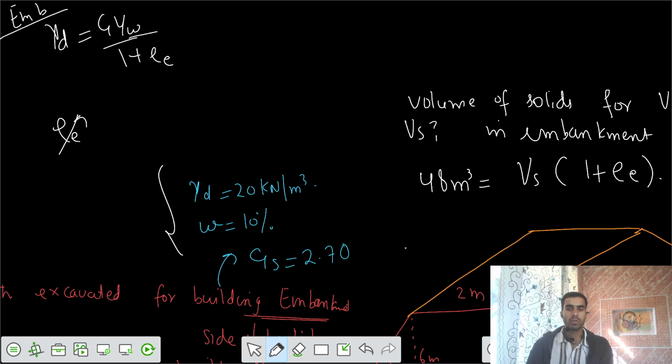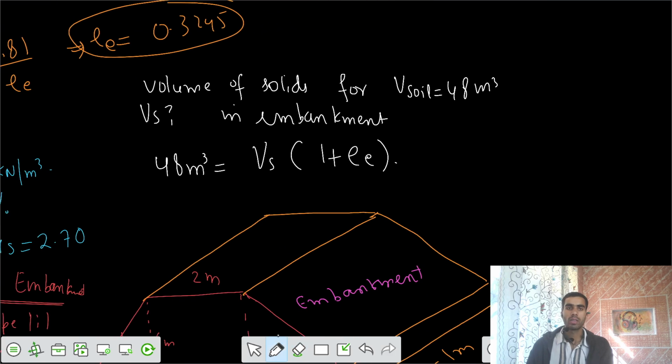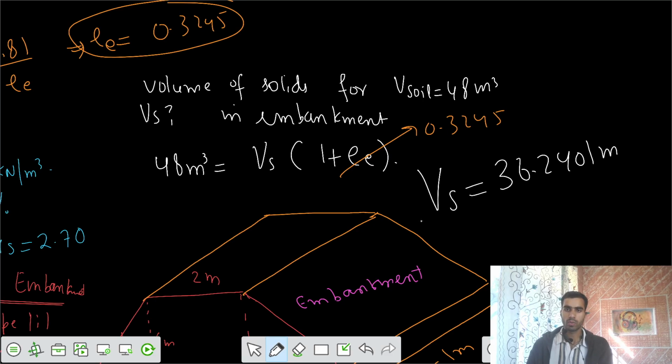Let's substitute the values: 20 kilonewton per meter cube equals 2.7 into 9.81 divided by 1 plus e. That e comes out to be 0.3245. So I got the value of e. Can you get the value of volume of solids? With 0.3245, volume of solids finally comes to be 36.2401 meter cube.